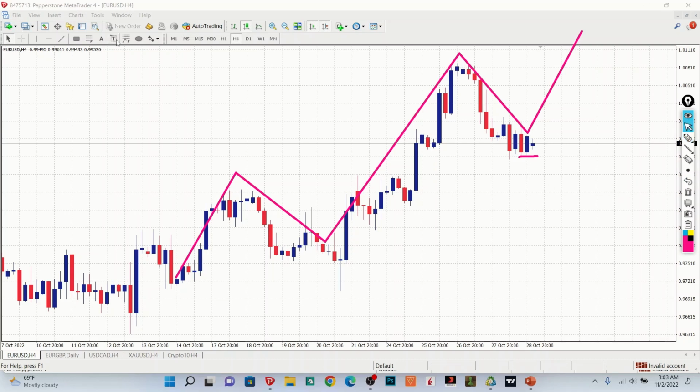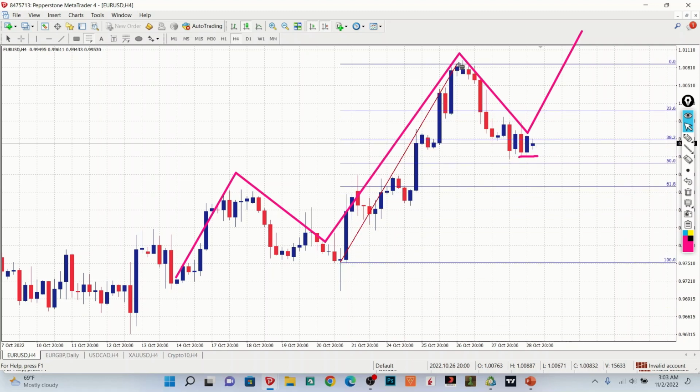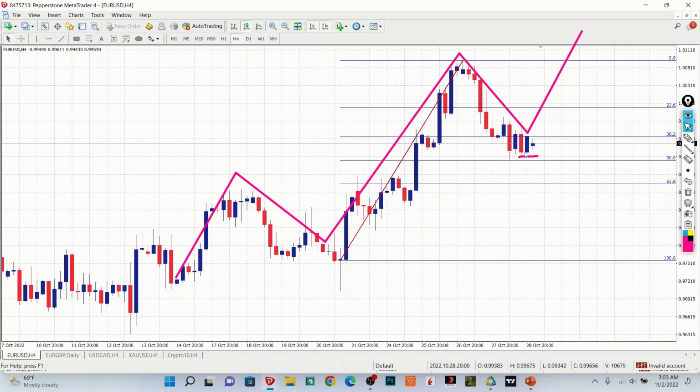So we are going to pick up our Fibonacci retracement tool and put it at the swing low, which was right here, and then swing to the previous swing high, and find out if that was a Fibonacci level. From here we can spot that this was a 61.8. So the market has not retraced to the 61.8, which is the strongest level known for Fibonacci levels, as I've told you.